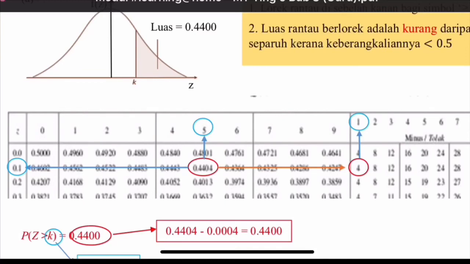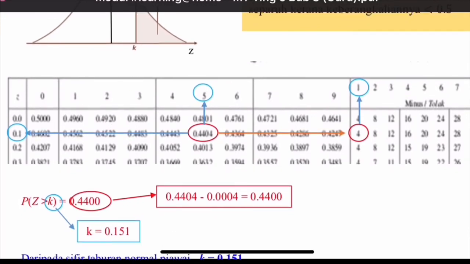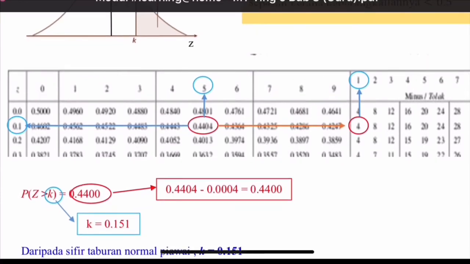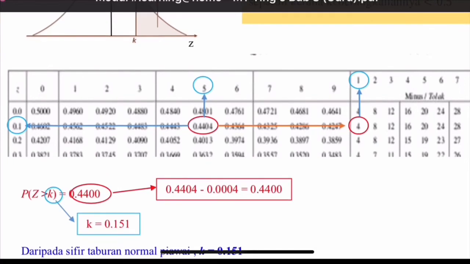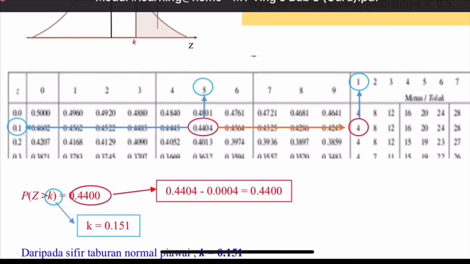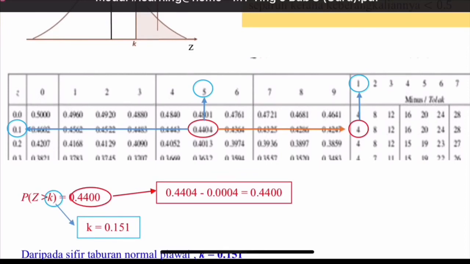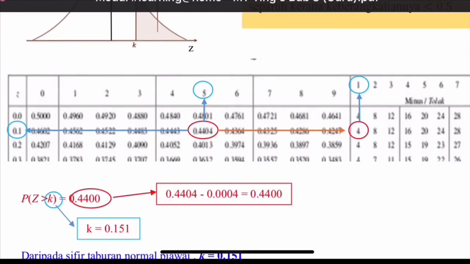The K itself, the value is 0.151. You can use a calculator to press back and check whether you are getting the probability value, which is 0.4400. Because the Buku Sifir there does not give you exactly 0.4400.